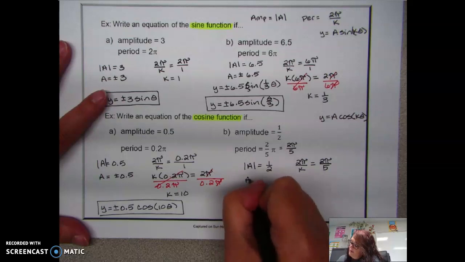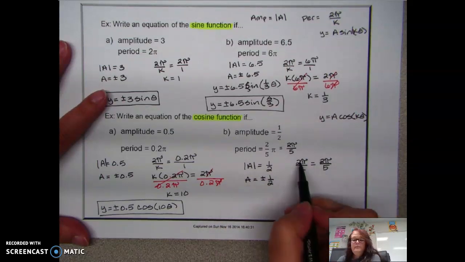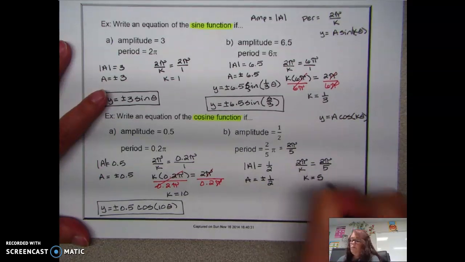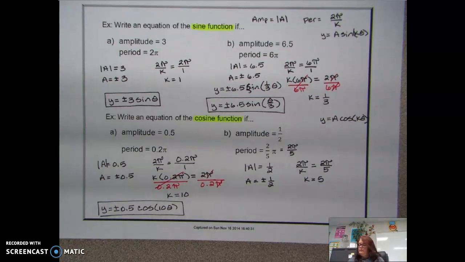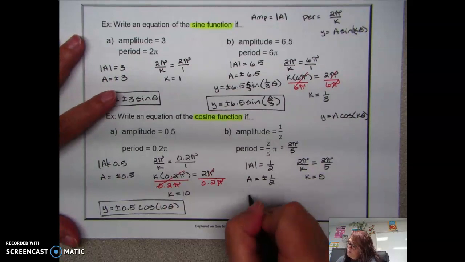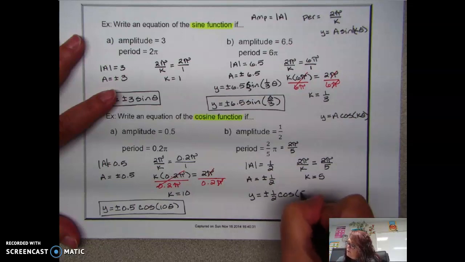So here my A value is going to be plus or minus 1/2. And here, notice my numerators are the same, so that means my denominators have to be the same, or you could have cross-multiplied and solved that as well. And again, we're dealing with cosine, so y is equal to plus or minus 1/2 times the cosine of 5 theta.